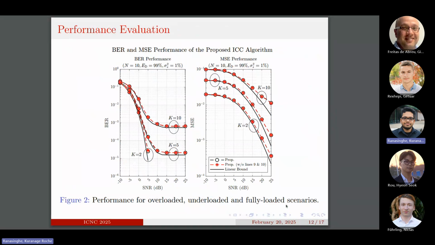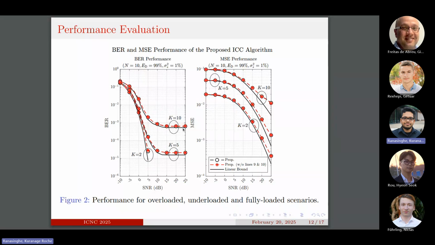So these are now some results for what we are proposing. As you can see, on the left is the bit error rate for all the scenarios. We have the underloaded scenario where we have n equals 10 and k equals 2. As you can see, there's no error floor here since we have a lot more observations than variables to estimate. And the performance is pretty good.